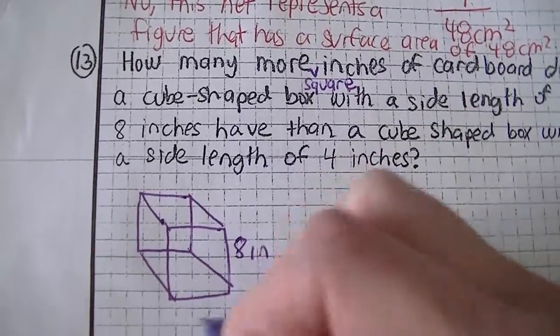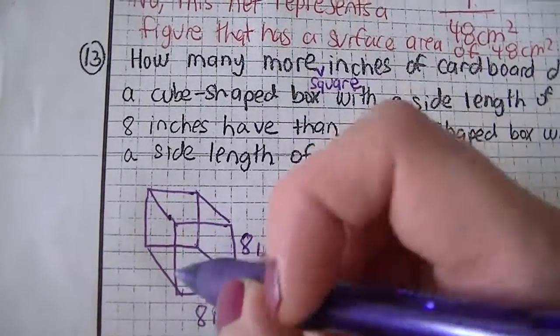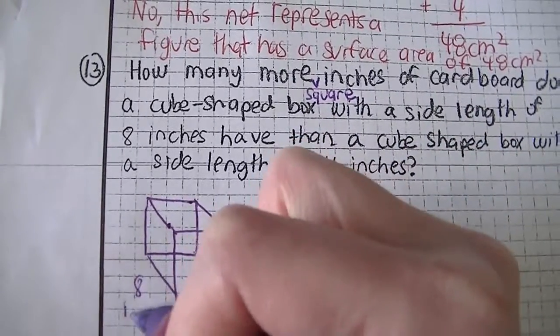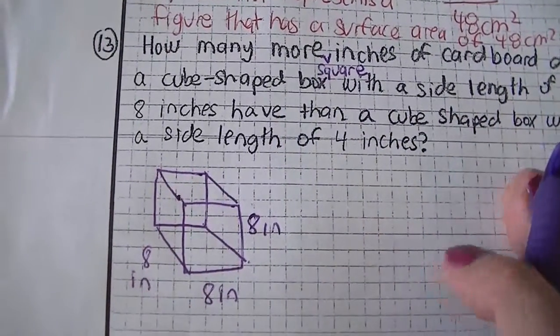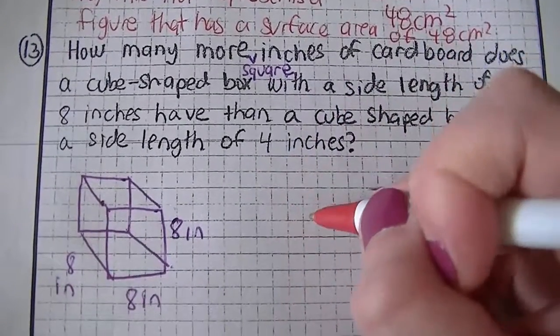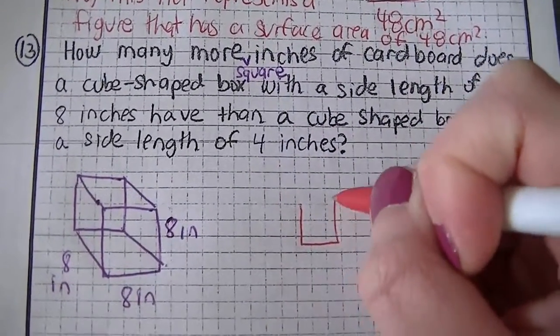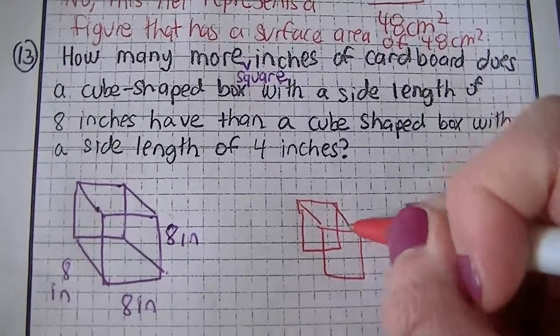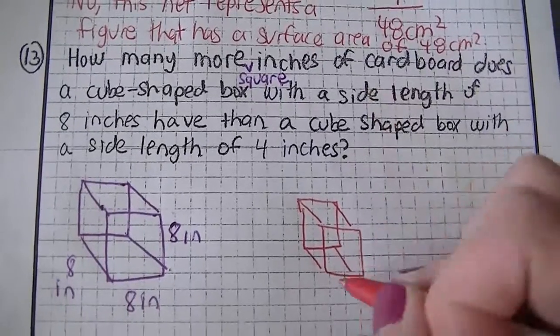All the side lengths are 8 inches, so from here to here also is 8 inches, from there to there, all 8 inches. And then for the other one, it's saying it's 4 inches. So I'm just going to draw a smaller cube. It's half the side lengths of the other one.